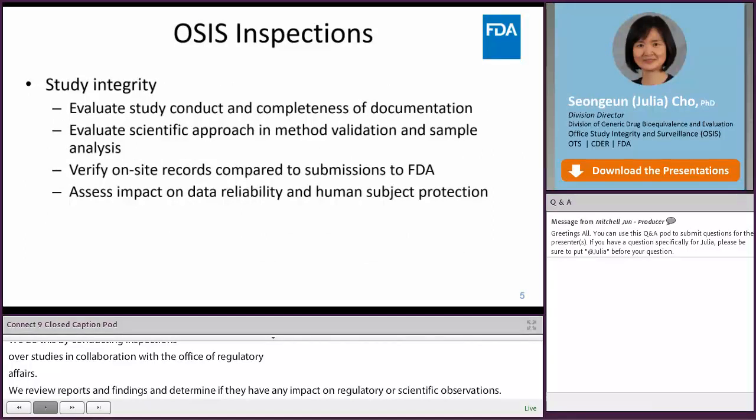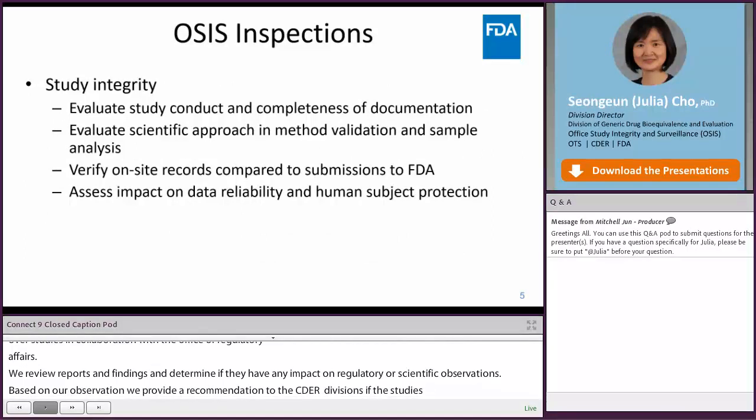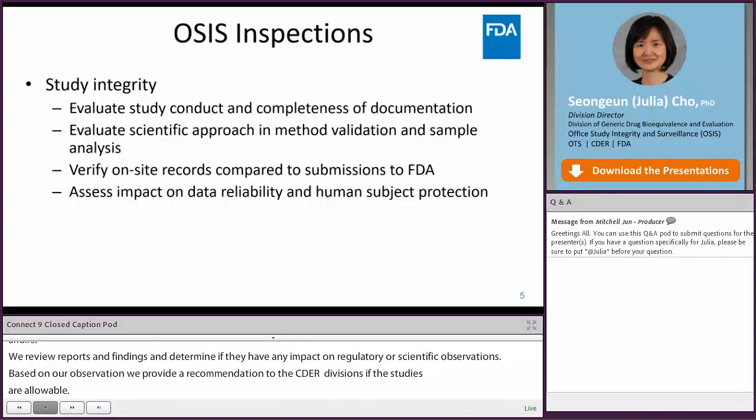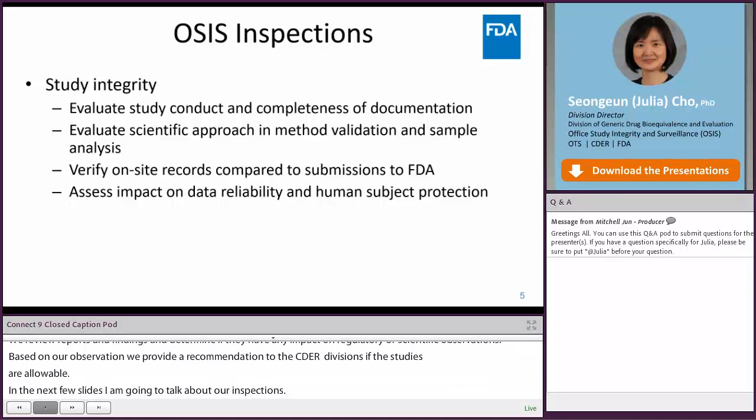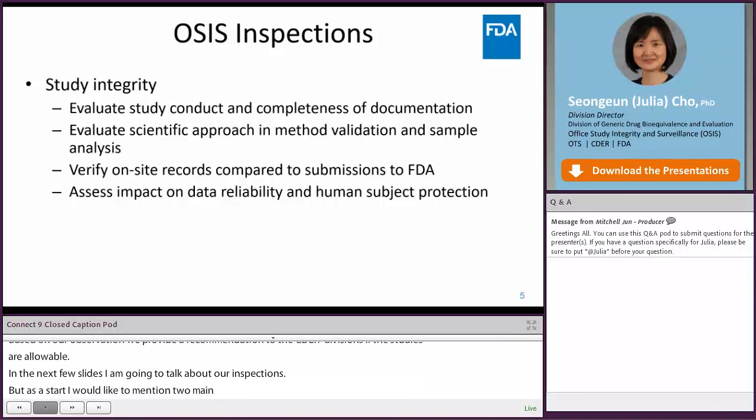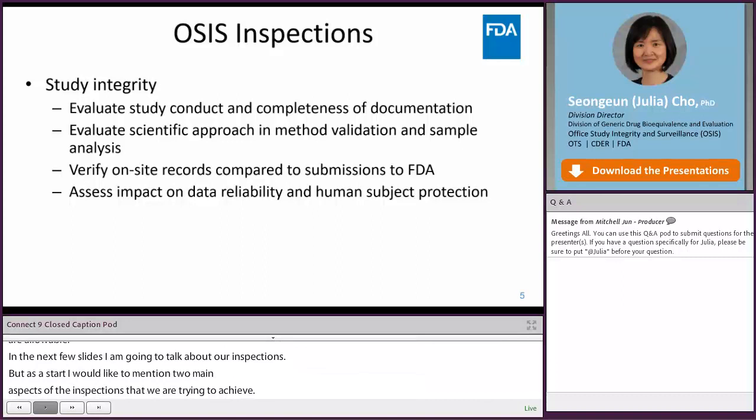So in the next few slides, I'm going to talk about our inspections. But as a start, I'd like to mention two main aspects of our inspection that we are trying to achieve. First, to ensure the integrity of studies submitted to the agency, we evaluate how the studies were conducted and thoroughly review all documentation that supports those study activities.